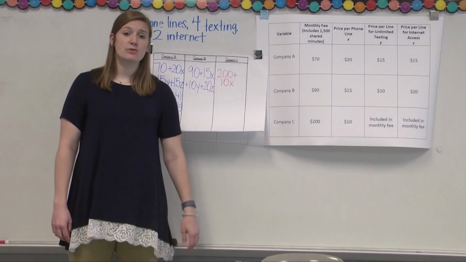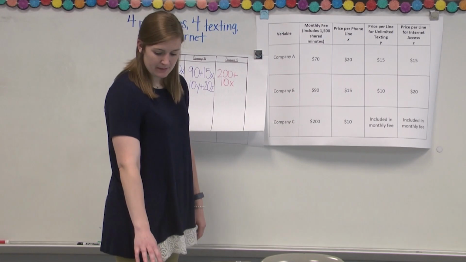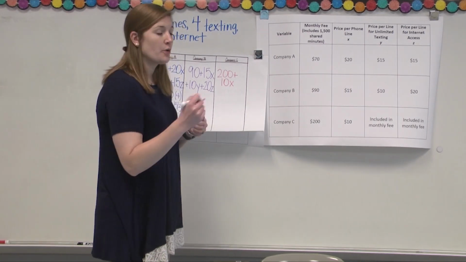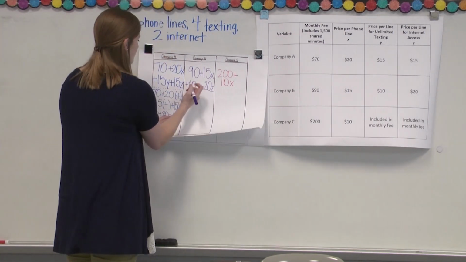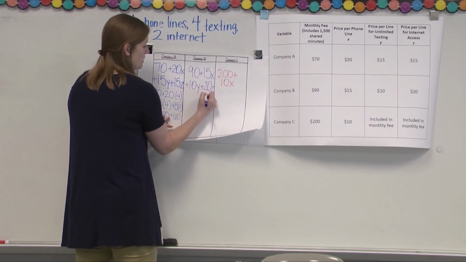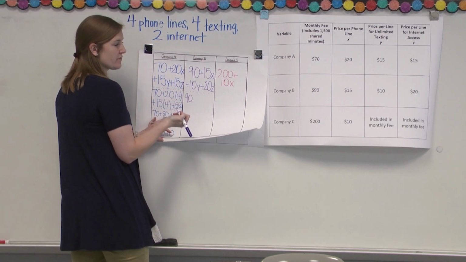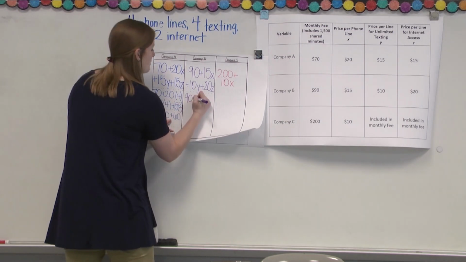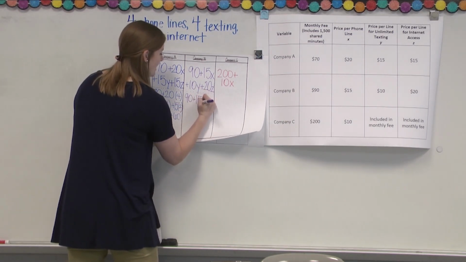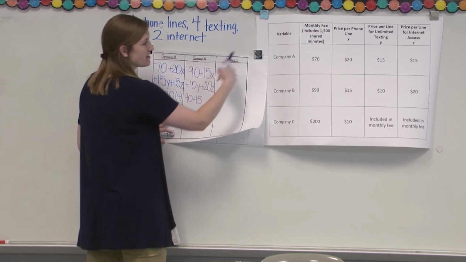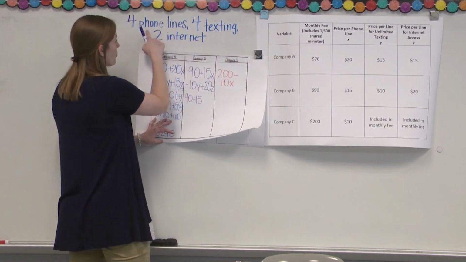All right, let's go ahead and see what you were able to come up with for Company B. So for Company B, let me section this off. We know that we have the $90 that we're going to have to pay for the 1,500 minutes, plus 15x. X in this case represented the price per phone line, and we do want 4 phone lines.